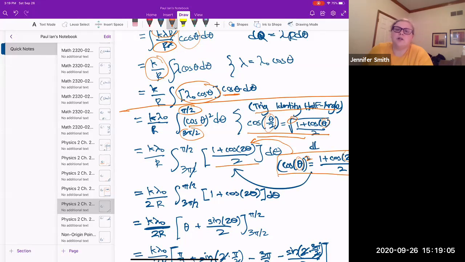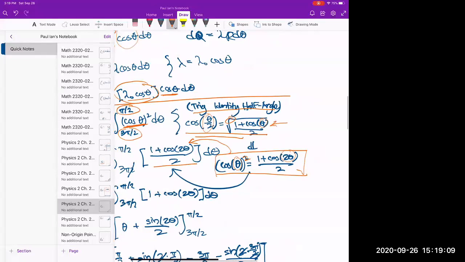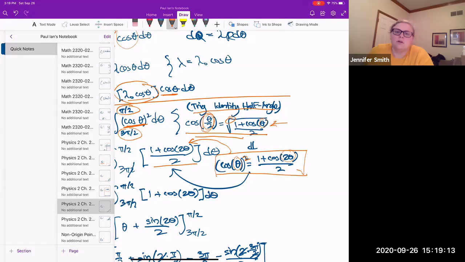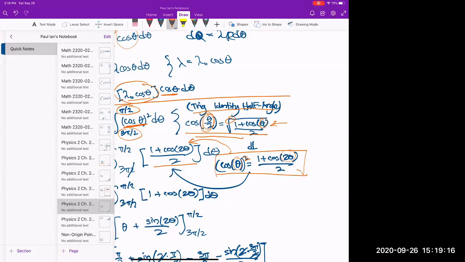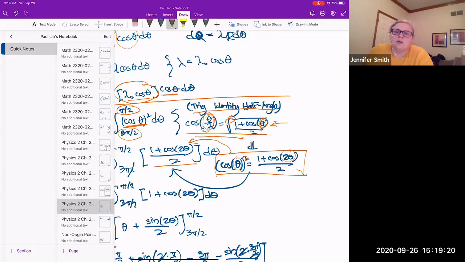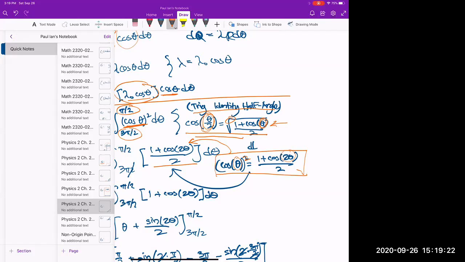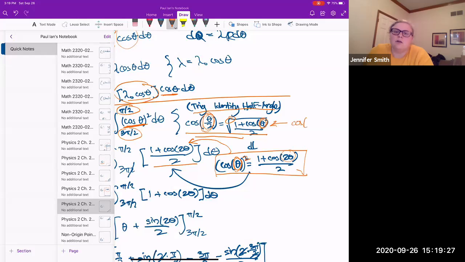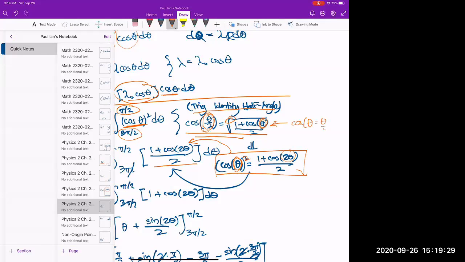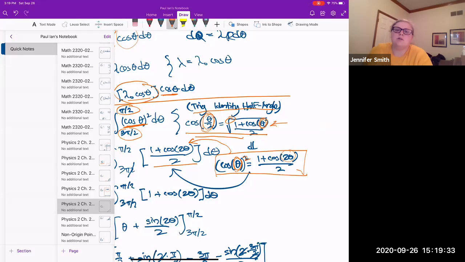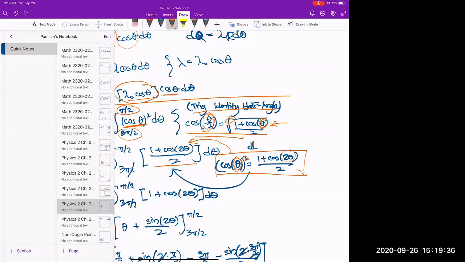Wait, real quick, how did you get the cosine 2 theta again? From the half angle, you have cosine theta over 2, which is related to the cosine theta inside the radical. I made theta over 2 equal theta, so that changes the term in the radical, because it's just twice that.